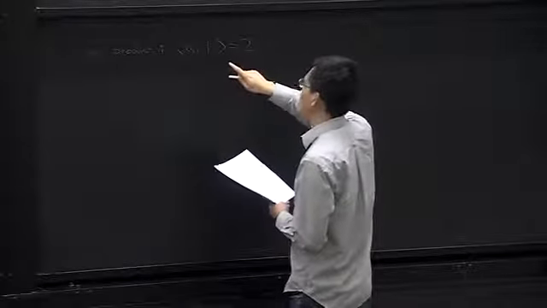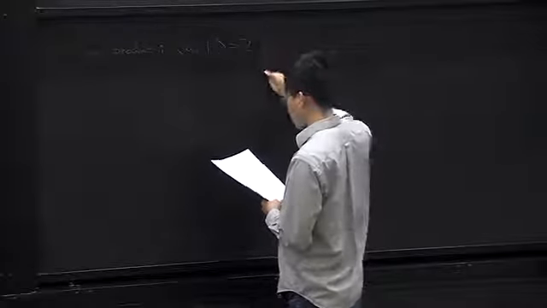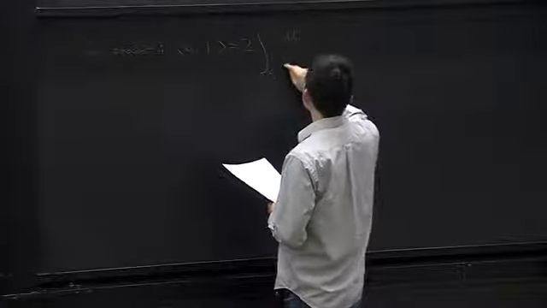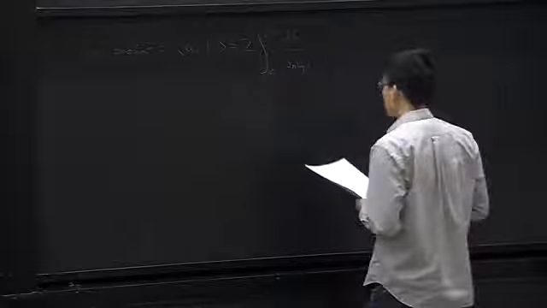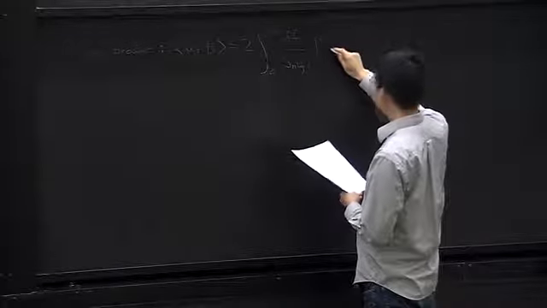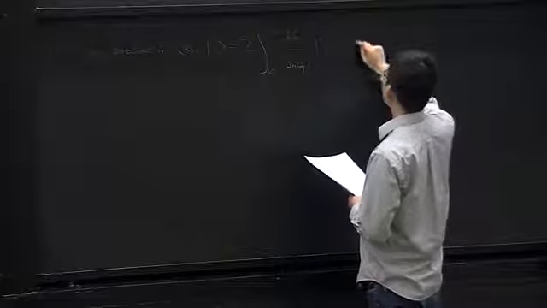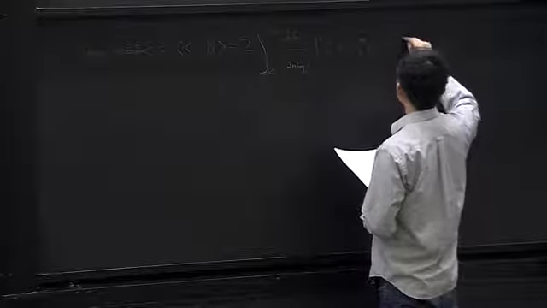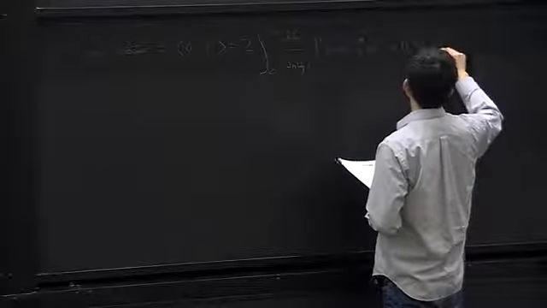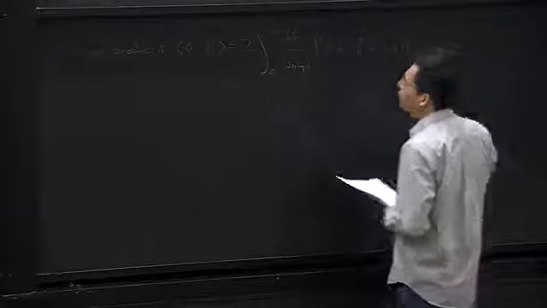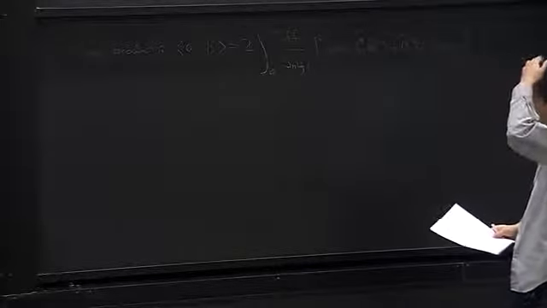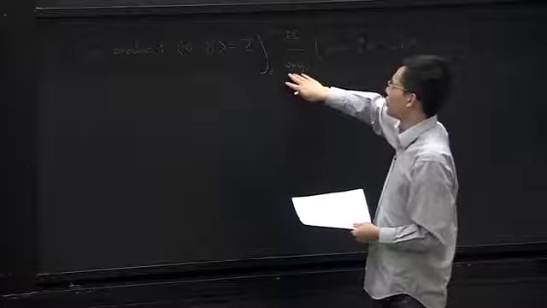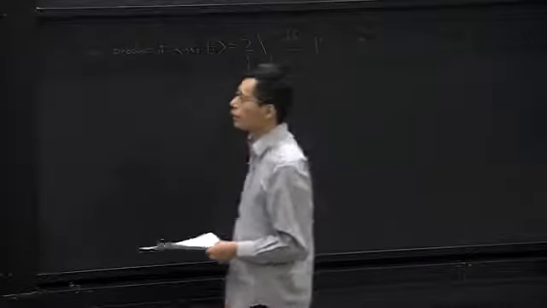So the inner product between two functions A and B is just the integral of the product between A tilde and B star, weighted by one over the spectral density of the detector.